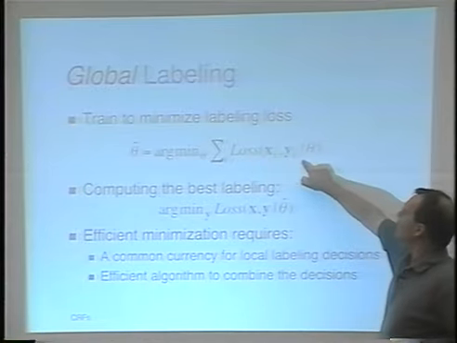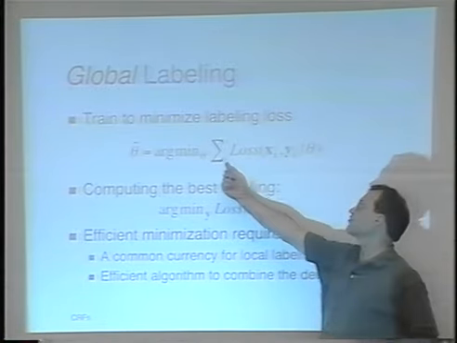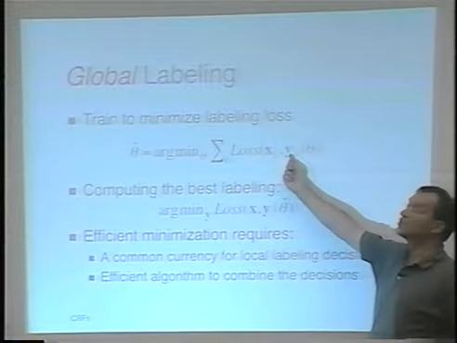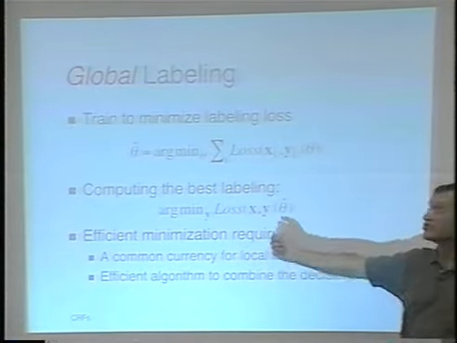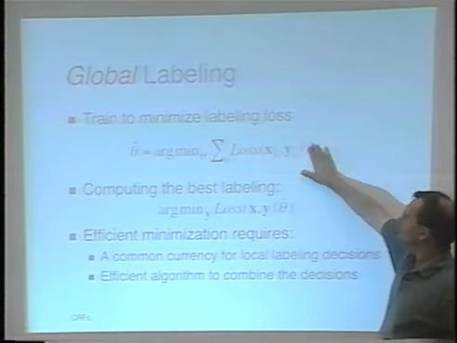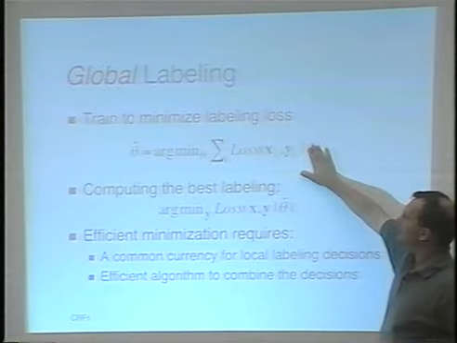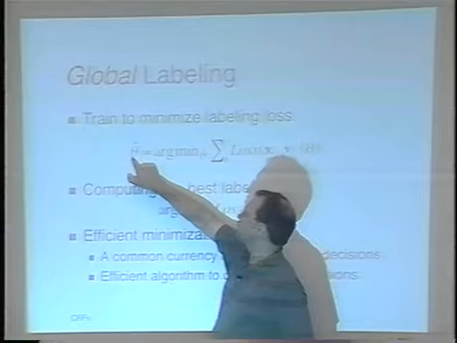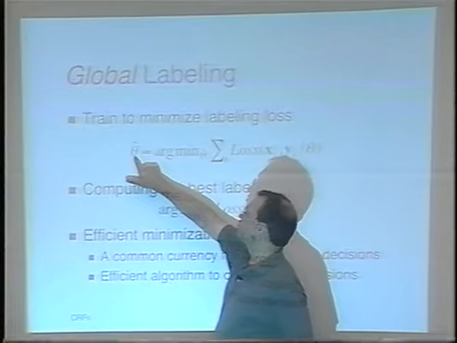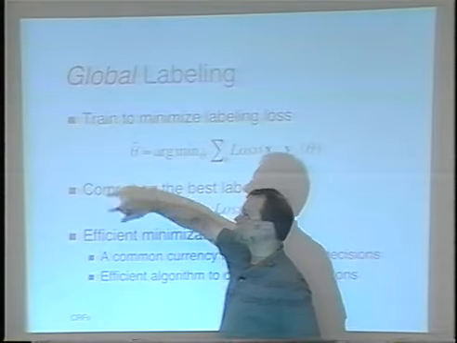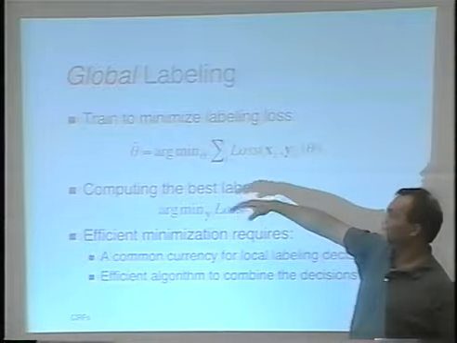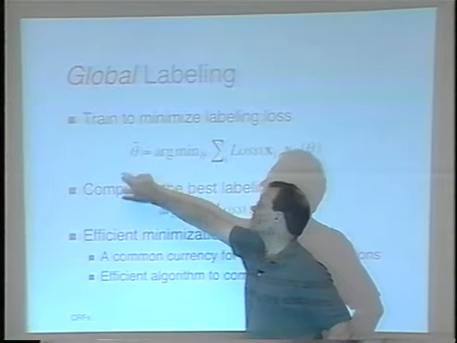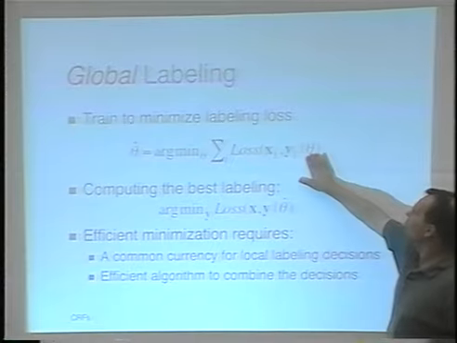Somehow I have some training set ranging over i here, with pairs of an input sequence and a label sequence, and the label depends on some parameters. And I just realized, which I should have fixed on this slide, the notation changes. I use here a lowercase theta, but in the rest of the talk, some of the slides need to be a lambda, capital lambda. So some parameter vector, anyway.